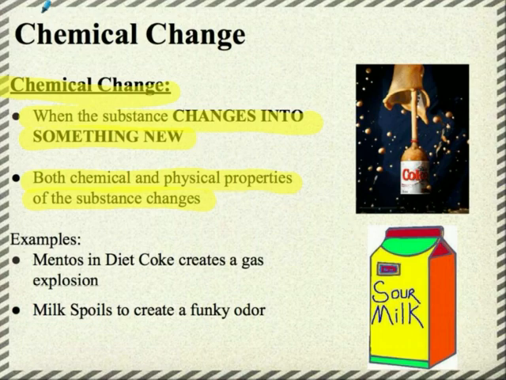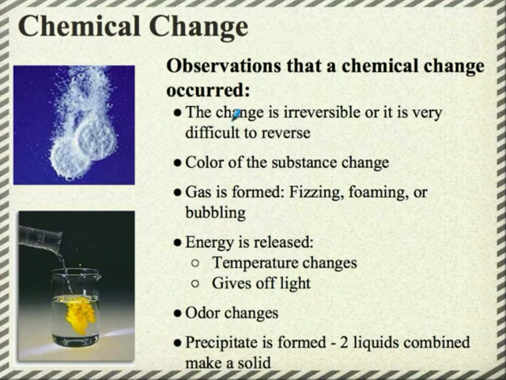All right, and now here are some clues to tell us that a chemical change occurred. The first question, just like we would ask for physical change, is: is it reversible? And the answer is it's irreversible, meaning it can't be reversed, or is very, very difficult to reverse. All right. So, for example, table salt. A lot of us eat table salt.